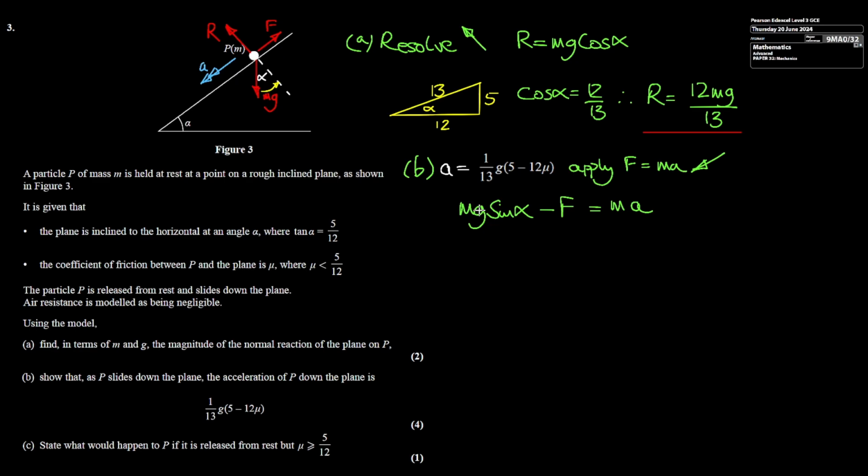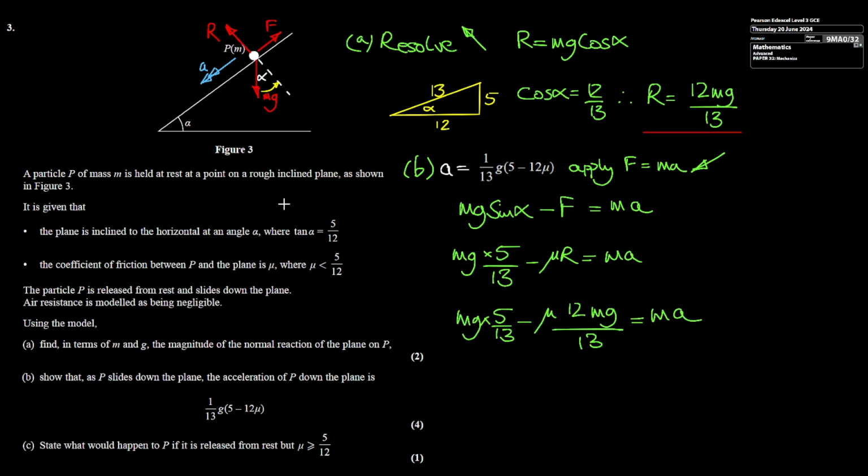I can also substitute sine alpha using my triangle here. So I get mg times sine alpha, which is the opposite over the hypotenuse, so this is 5/13, minus mu R is equal to ma. R we've already worked out as this value, so I can substitute that in as well.